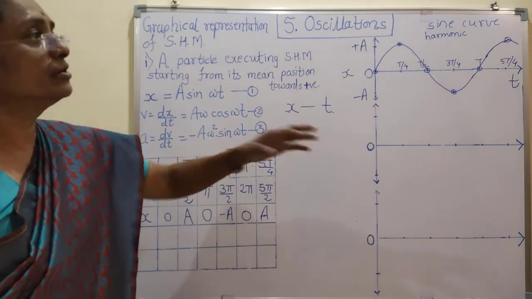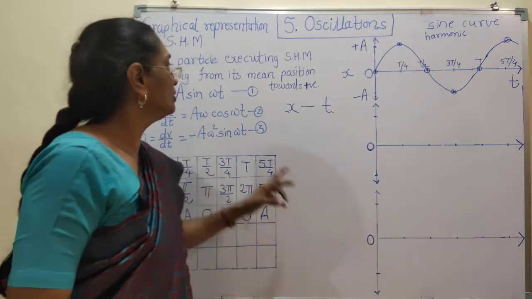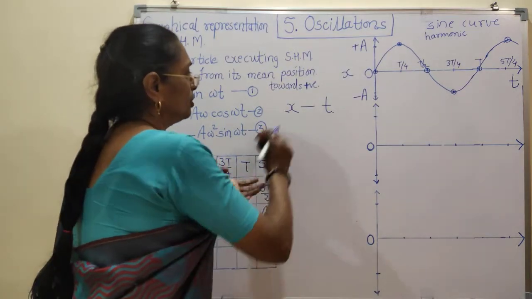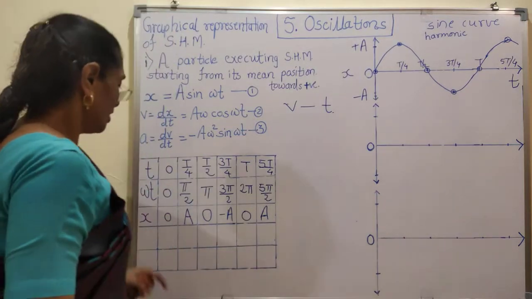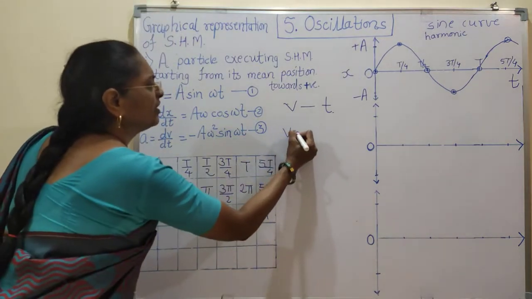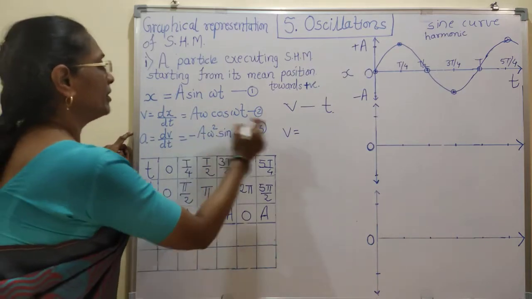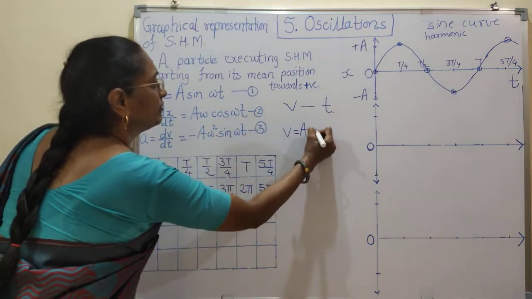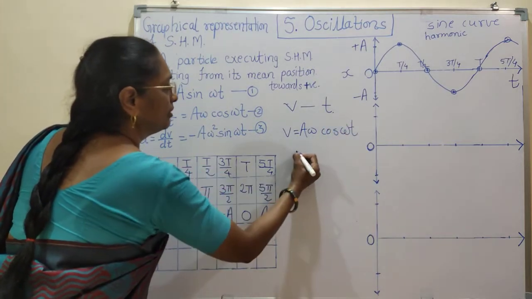Now, similar to the displacement-time graph, we have to plot the graph of velocity versus time. Different values can be obtained again by considering the second equation, a omega cos omega t.